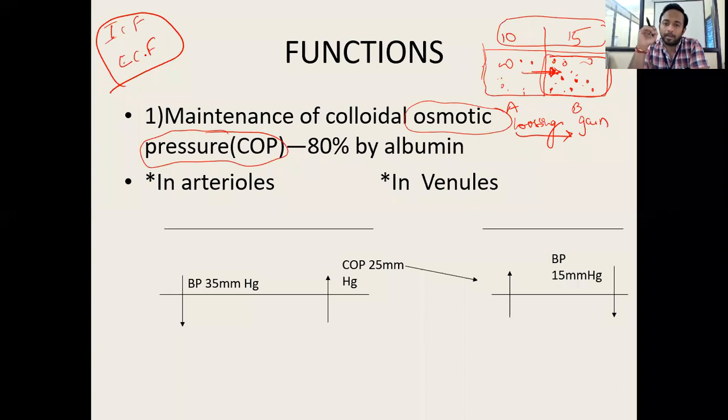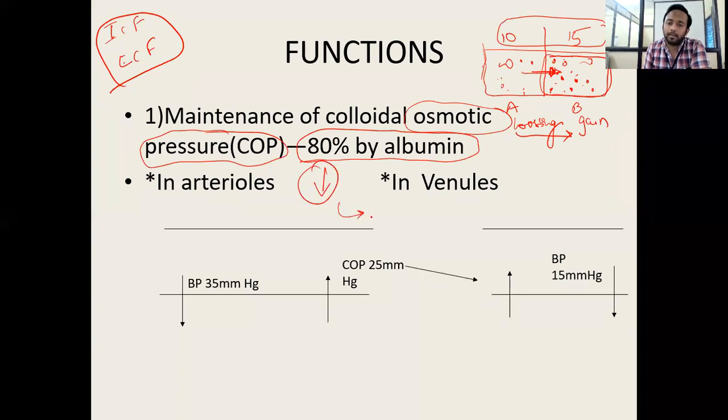There is hypovolemia, a decrease in the volume. To maintain that, the major protein which contributes is albumin. If there is a reduction in albumin, you might see edema. Edema is the diffusion of fluid into the extracellular matrix.